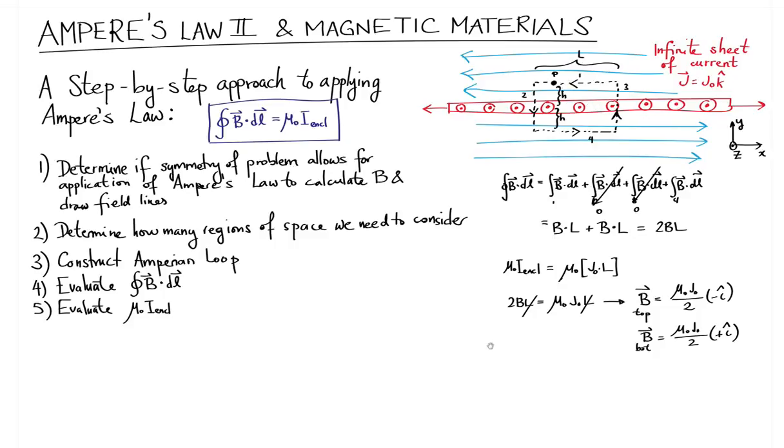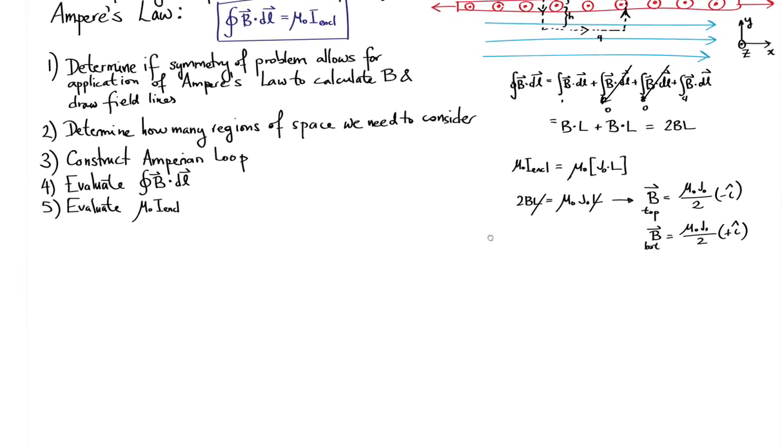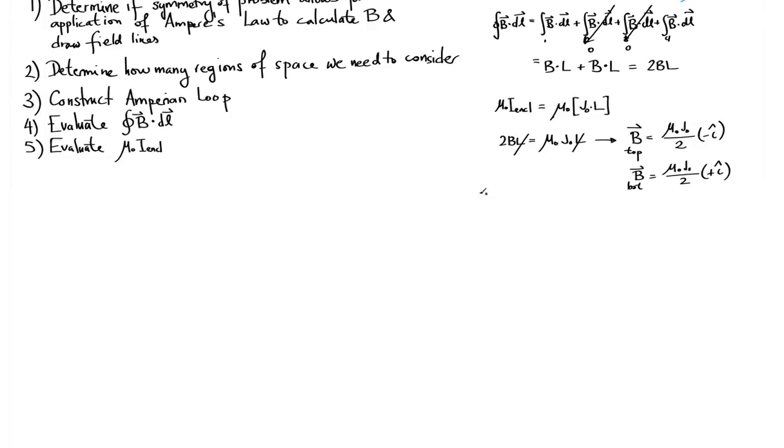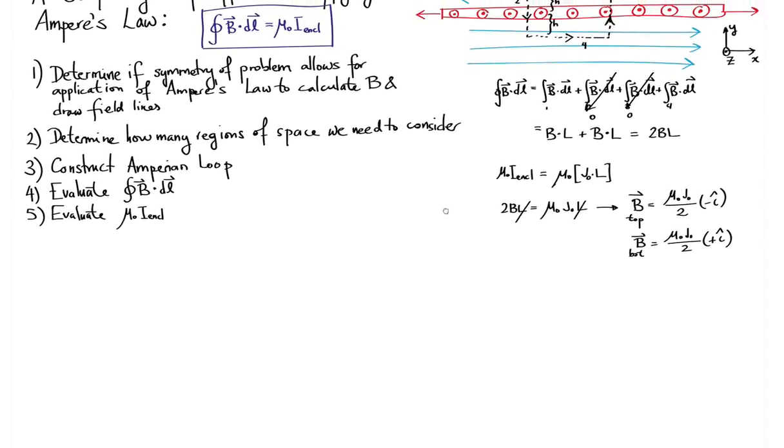Okay, so a couple of caveats I want to mention about using Ampere's law. Again, much like in the case of Gauss's law, for many problems the magnetic field lines will not be symmetric enough to allow you to easily evaluate this line integral.